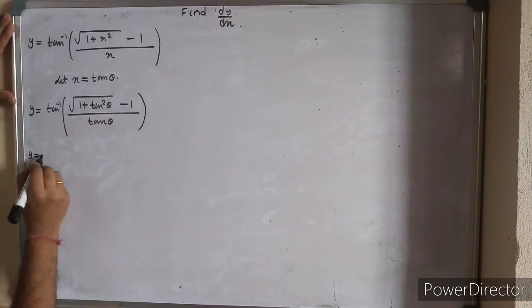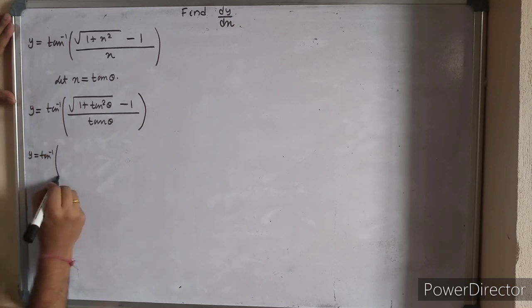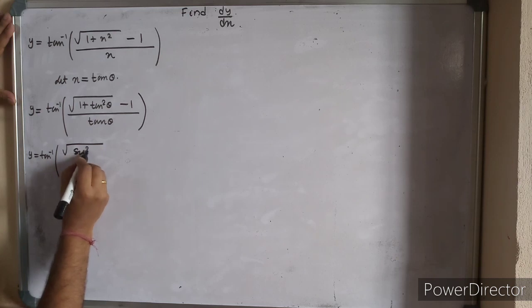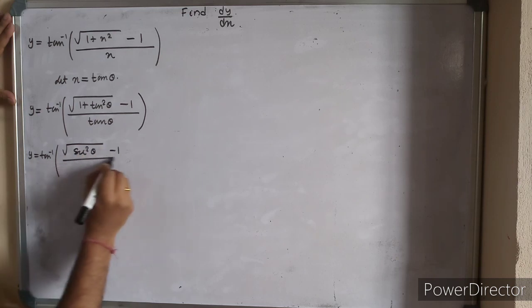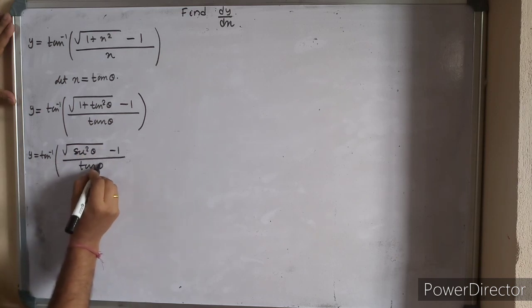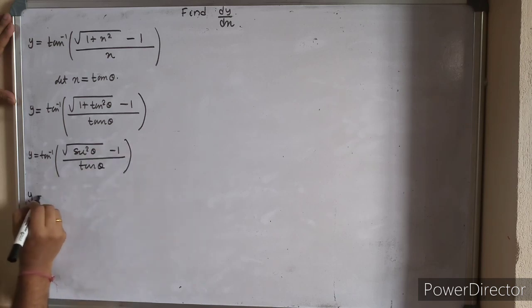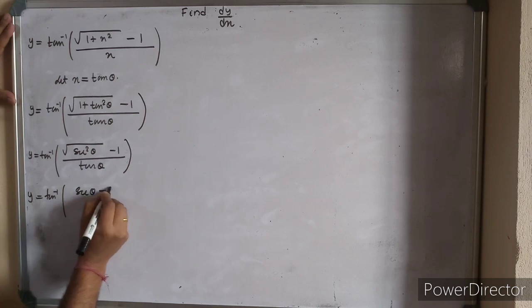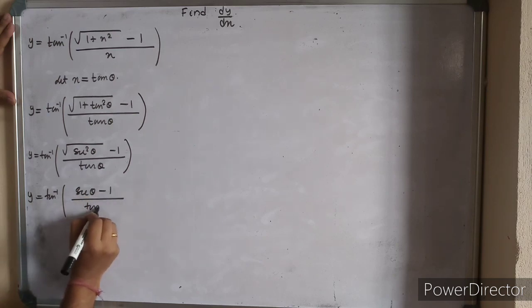Now y equals tan inverse of under root 1 plus tan square theta, which is sec square theta, minus 1 over tan theta. Under root sec square theta is sec theta, minus 1 over tan theta.